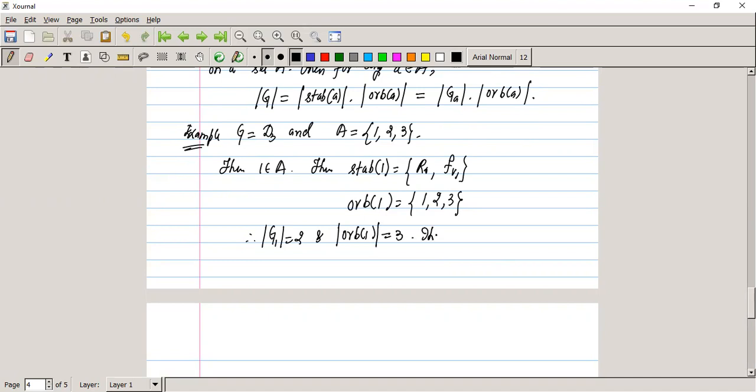So this implies the order of G, by the orbit stabilizer theorem, should be equal to the order of the stabilizer of 1 times the order of the orbit of 1. And now the order of the stabilizer of 1 is equal to 2 and the order of the orbit of 1 is equal to 3, so this is equal to 6. And we already know that D3 is a group that contains 6 elements. So therefore we have found out the order of D3 by the orbit stabilizer theorem here.